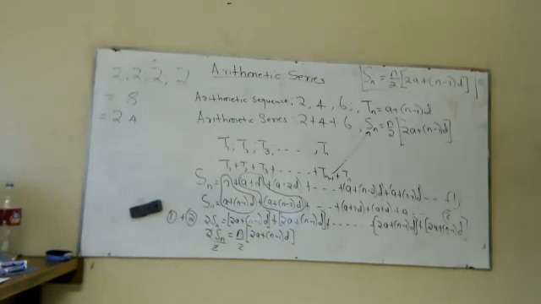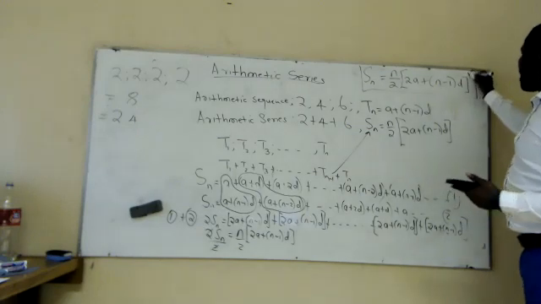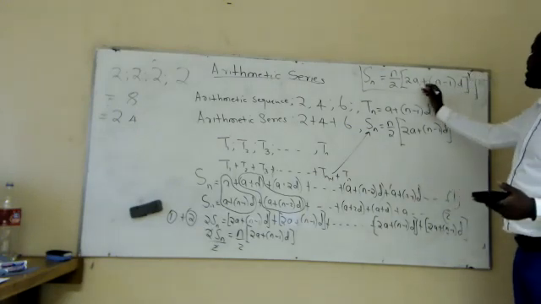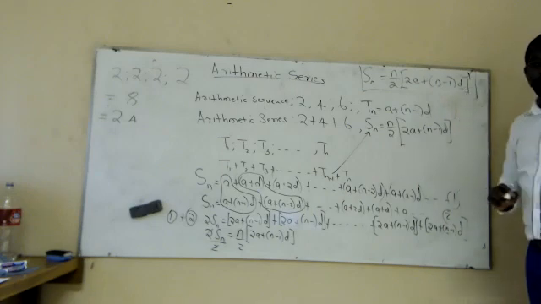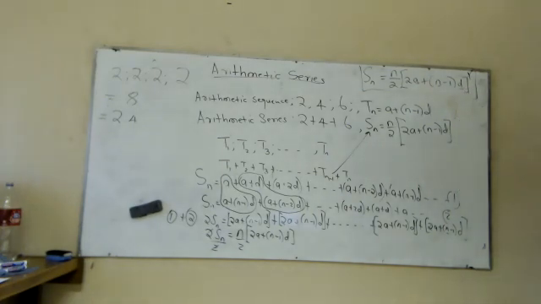Let me know if we can now go to the questions that require the application of this arithmetic series formula that we have here. I believe you all remember what A stands for, what N stands for, and what D stands for from arithmetic sequence.